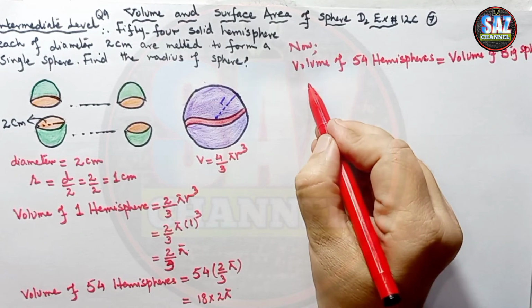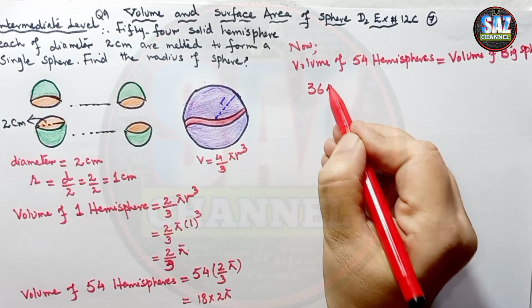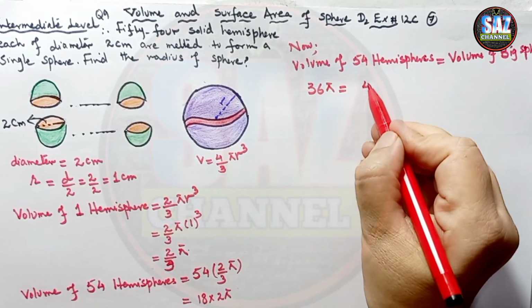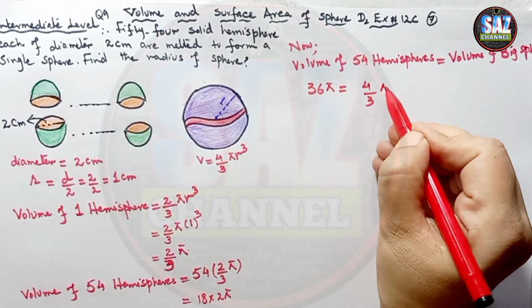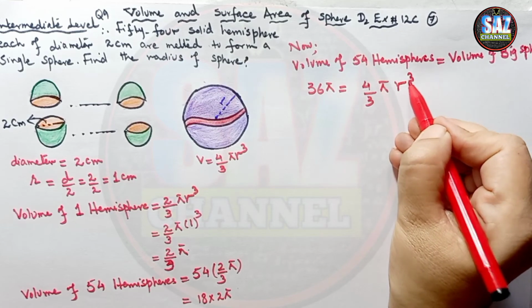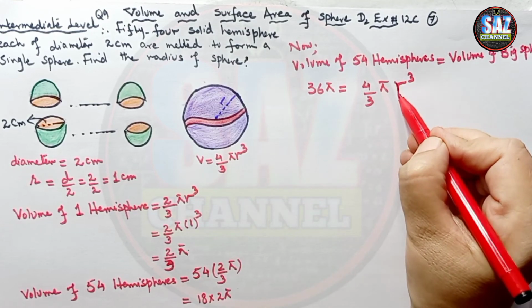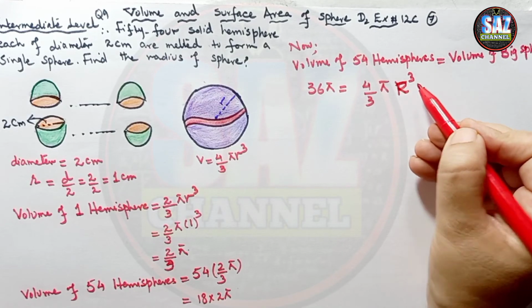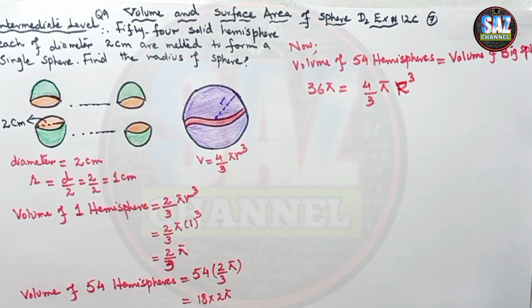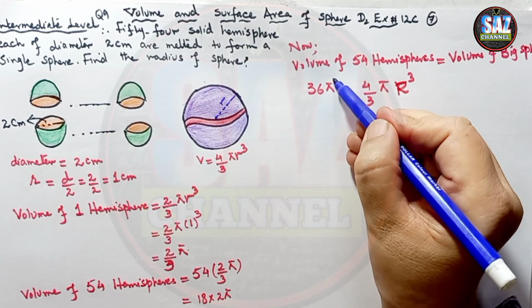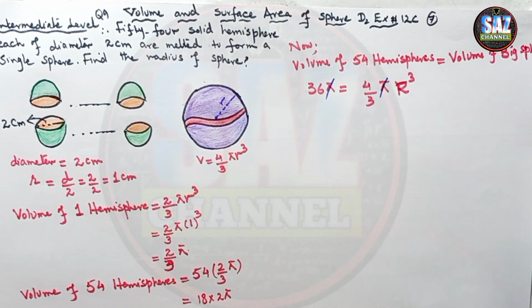So that means 36 pi will be equal to 4 by 3 into pi r cube. As we are using a small r there as well, we can make some difference here that this is R cube. Now I ask you not to use the value of pi there because pi can be simply and easily simplified in this way.